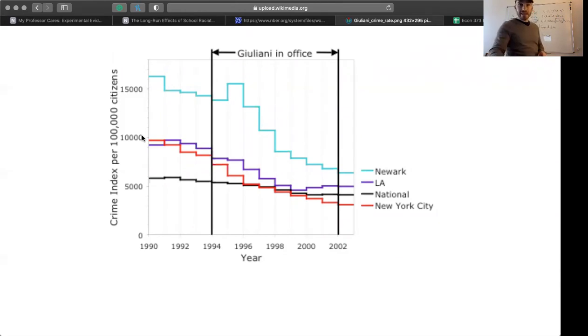In this case, Newark is the blue line up here, and New York City is the red line down here. Now, the trends are parallel to the extent that each one is decreasing in each period.